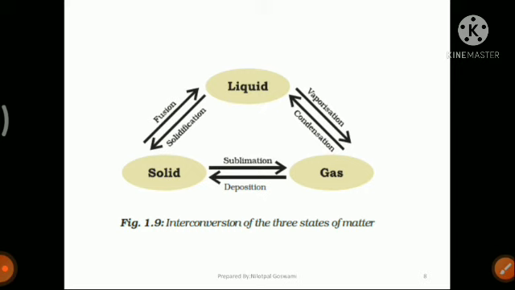Sublimation is the process by which solid directly converts into gas without changing into its liquid state. And deposition is the process by which gas changes into solid without going into its liquid state. So this is what we have learned till now.